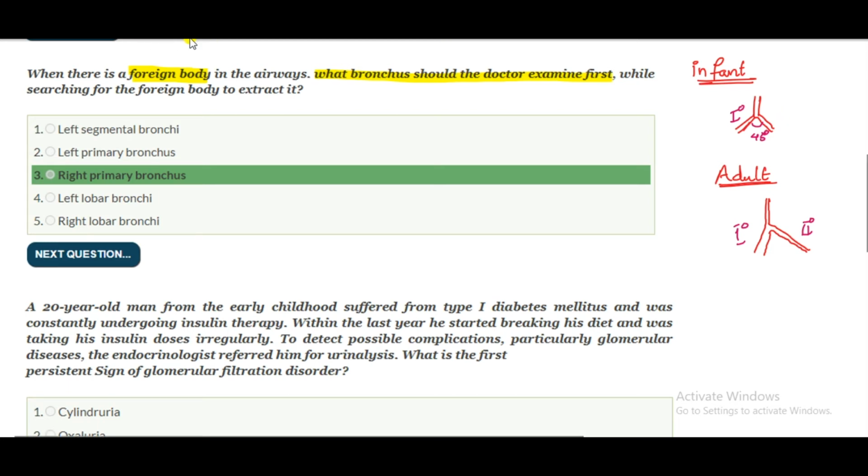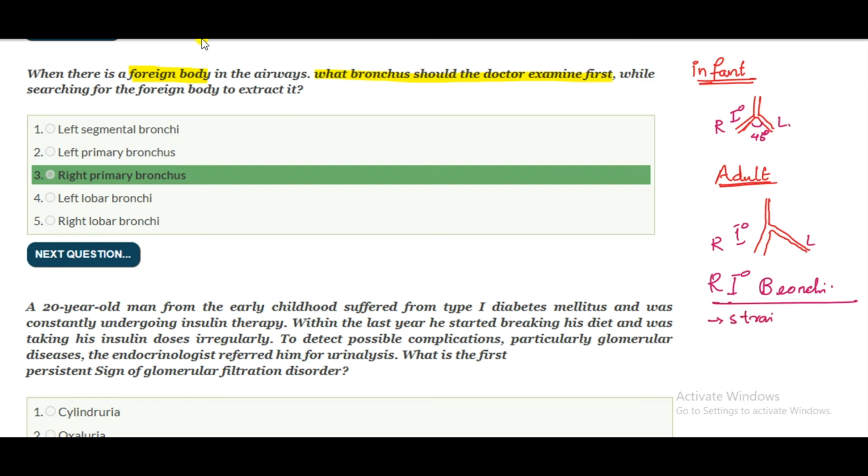You can see the right is a little bit straight, short and wider, but the left primary bronchus is long and more deviated. It's not secondary, it's primary right and left bronchus, right? I made a mistake, so I am going to erase that.